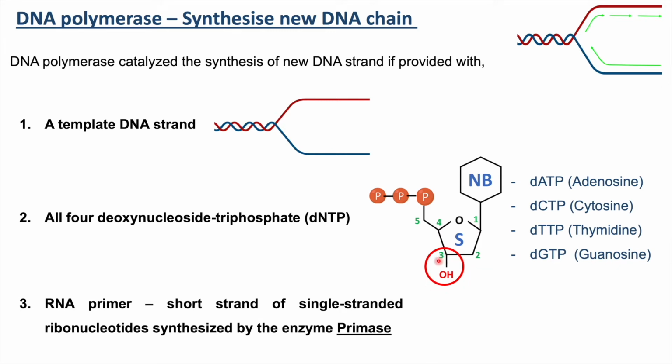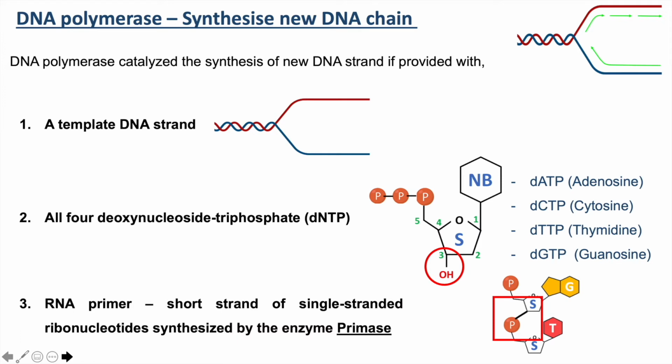And this 3' hydroxyl group is important to connect the second nucleotide. If you remember, the phosphodiester bond is formed between the phosphate group of one nucleotide and the hydroxyl group of the second nucleotide, which is located on the 3' position. So if DNA polymerase does not have this free 3' hydroxyl group, it cannot start synthesizing the new strand.